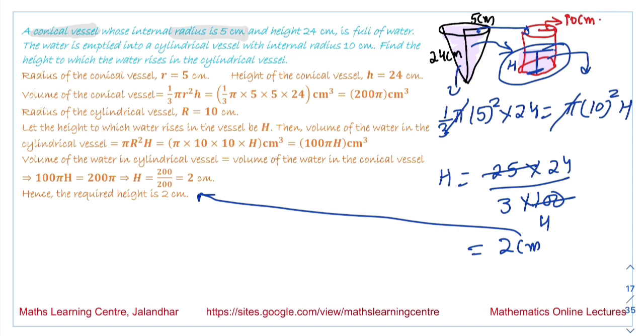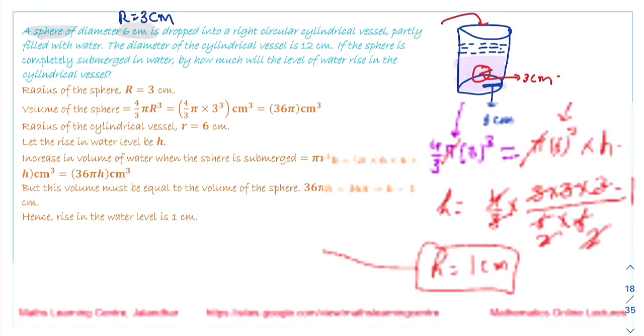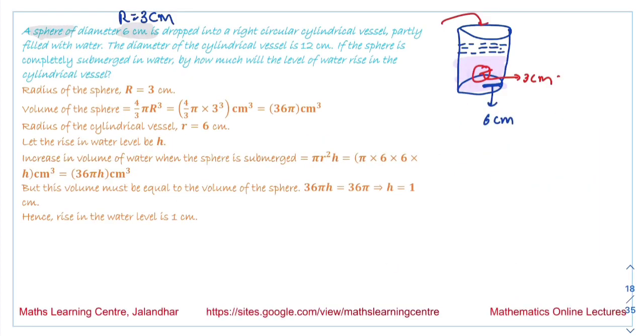So the level of the water will rise. Say the level of water rises up to this point. The diameter of the cylindrical vessel is 12 centimeter, so the radius over here is equal to 6 centimeter. If the sphere is completely submerged in water, by how much will the level of the water rise in the cylindrical vessel?